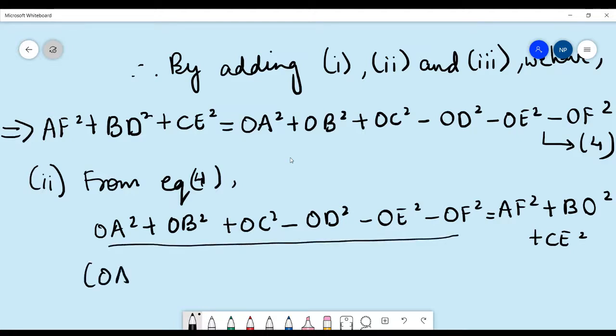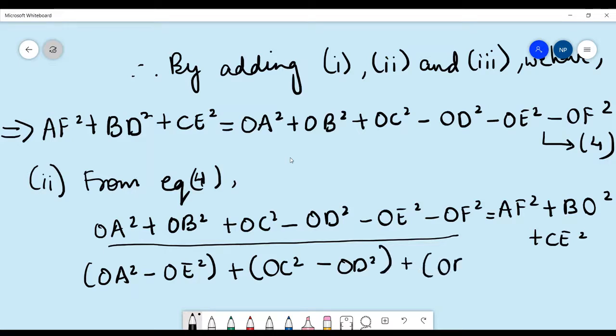Right. Now we are going to rearrange these terms as how? We will write OA square minus OE square over here, then plus OC square minus OD square over here, plus OB square minus OF square is equals to AF square, the RHS will be same, plus BD square plus CE square. Okay.